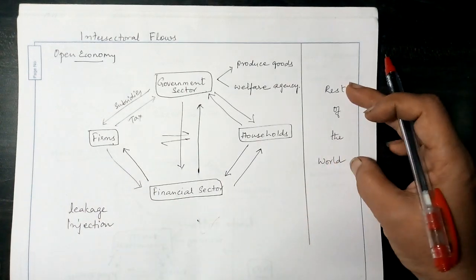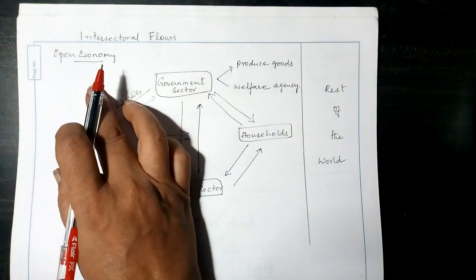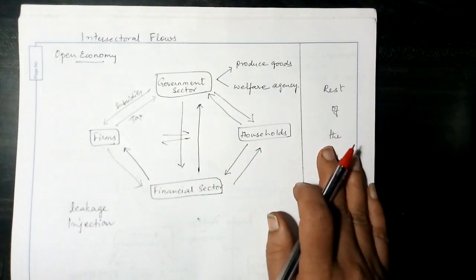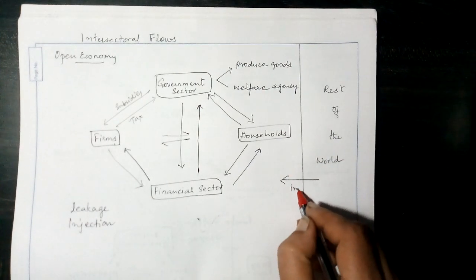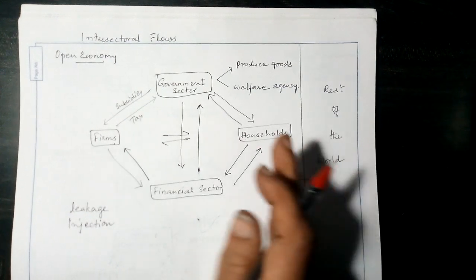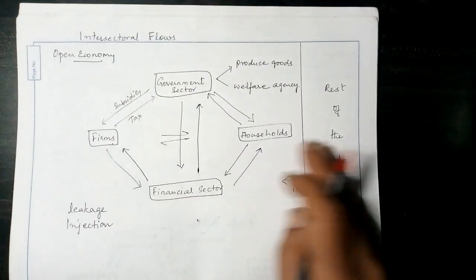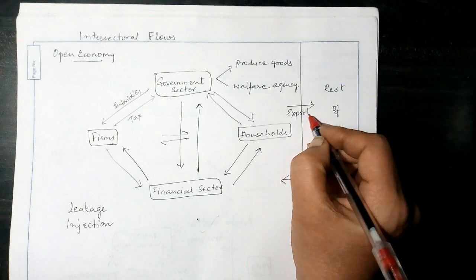Now here I have drawn one more column and said this is the rest of the world. Since we are dealing with an open economy, we also depend on the rest of the world. So from the rest of the world, we import goods and services, and from the domestic economy, the rest of the world imports, so that we will call exports for ourselves.